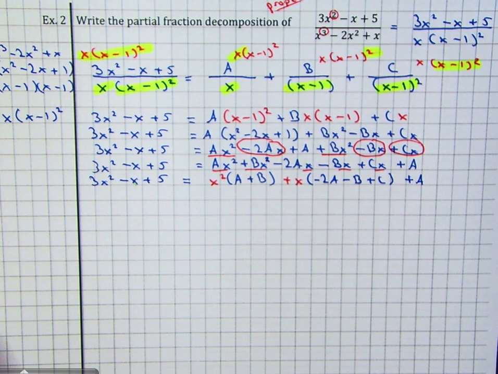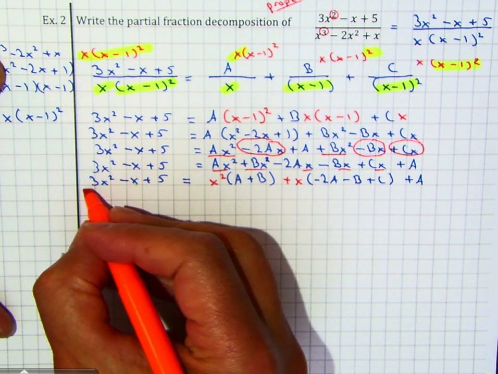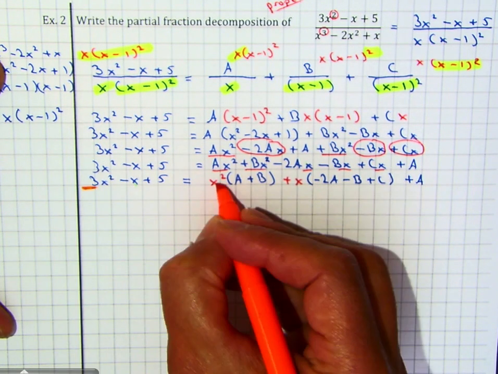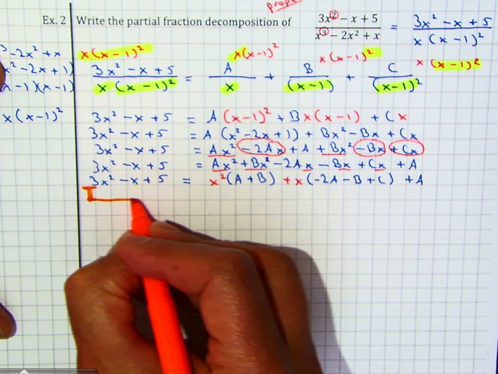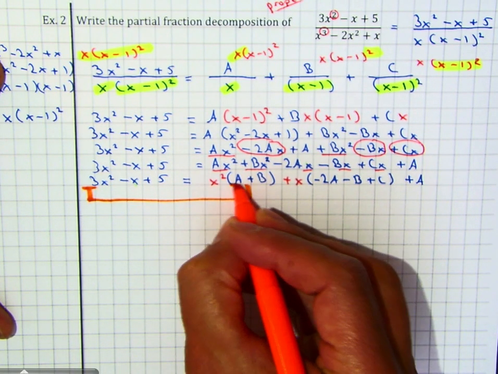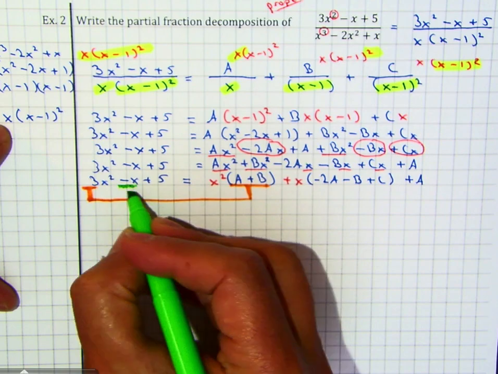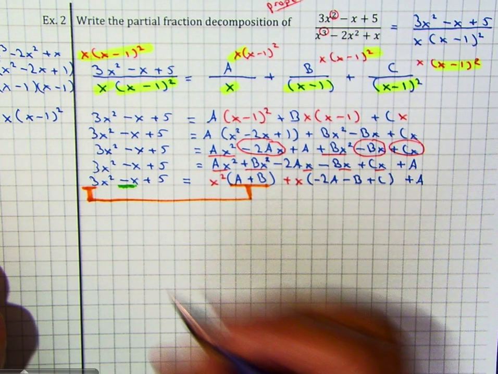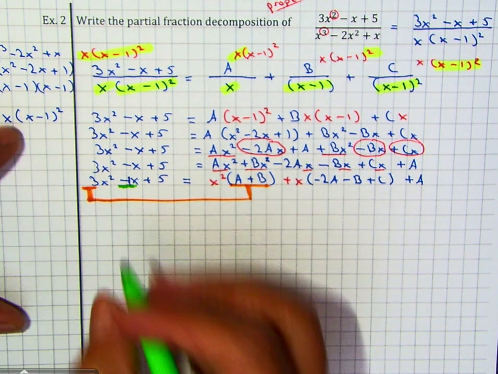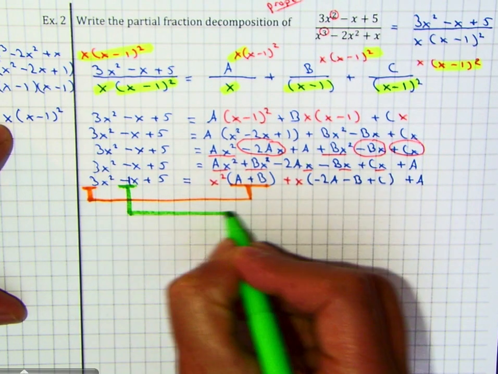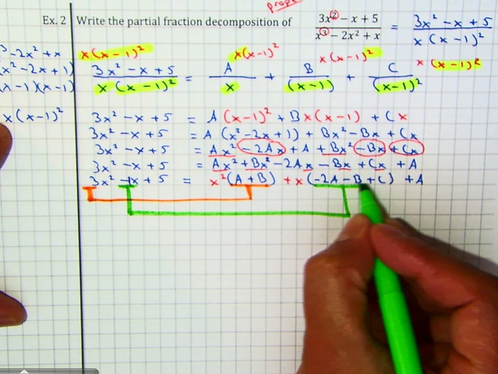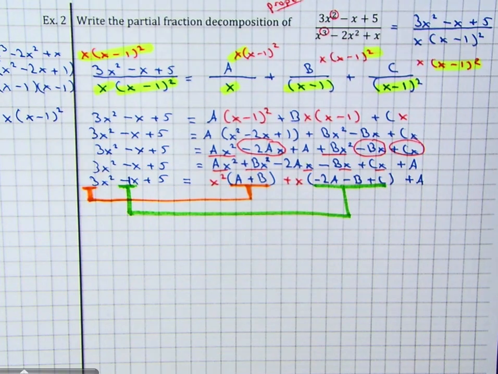And now I'm going to pair them up. We have first my x squared. So therefore, my 3 should be equal to a plus b. Then my negative 1x, my negative 1, and I'll place a 1 in there, should be equal to this expression, negative 2a minus b plus c.